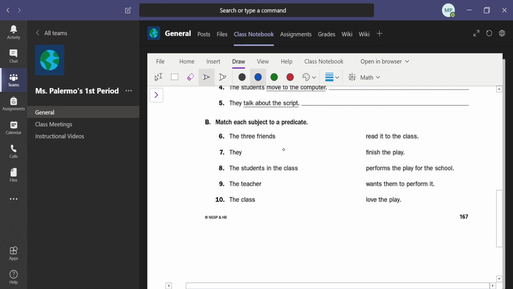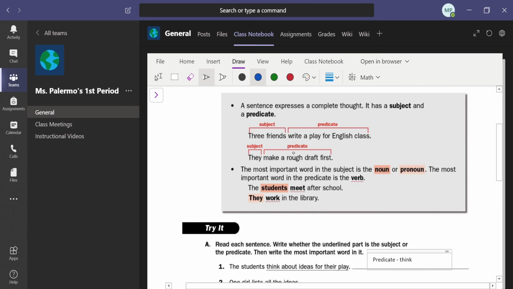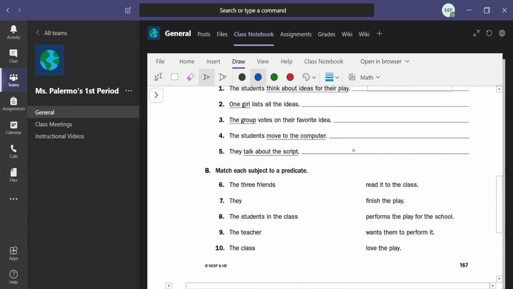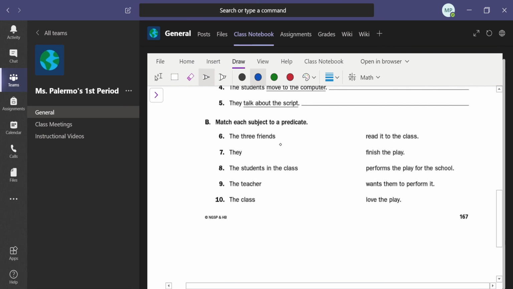The 3 friends: read it to the class, finish the play, performs the play for the school, wants them to perform it, love the play. Well, you kind of have to think about what this whole worksheet is about. It keeps talking about these 3 friends that write a play for English class. And also it's plural.